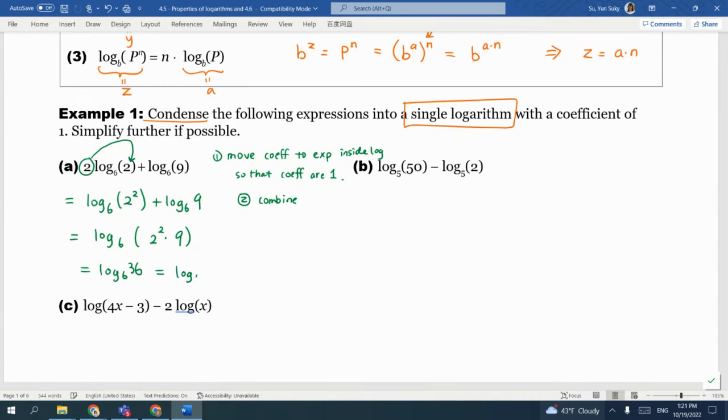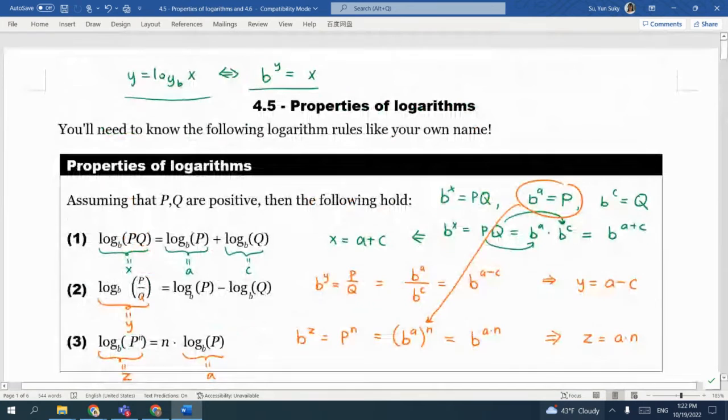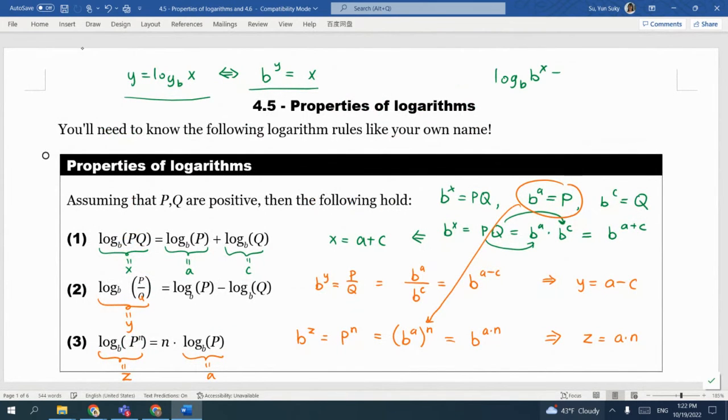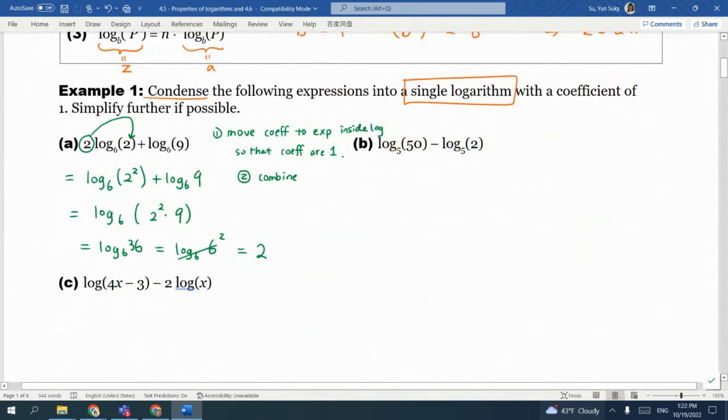Do you see 36 is actually 6 squared? Do you see log 6 cancels? And we just get 2. So log and exponential functions are inverse functions. That's why log base b of b to the x is x, and b to the log base b of x is also x. So they can cancel because they are inverse functions.